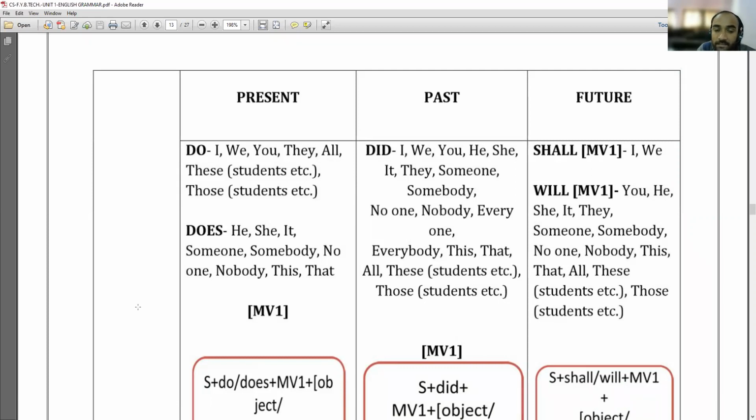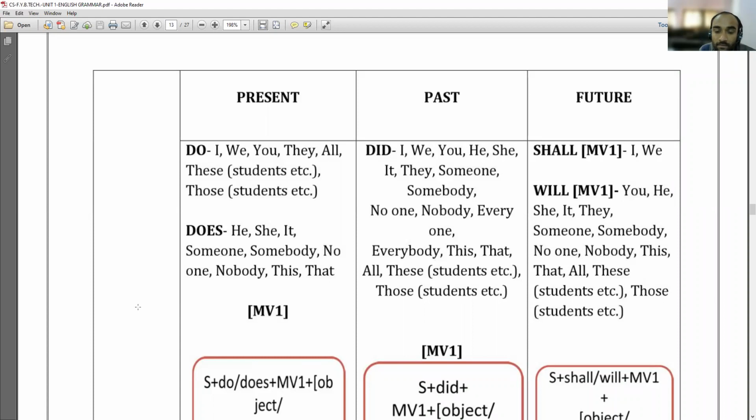आपण प्रेझेंट मध्ये ज्या ऍक्शन्स दाखवतो त्या कशाने दाखवतो? Either we use do or we have to use does. Okay, and when to use do and when to use does, that we are going to discuss now. So do is used after plural subjects.